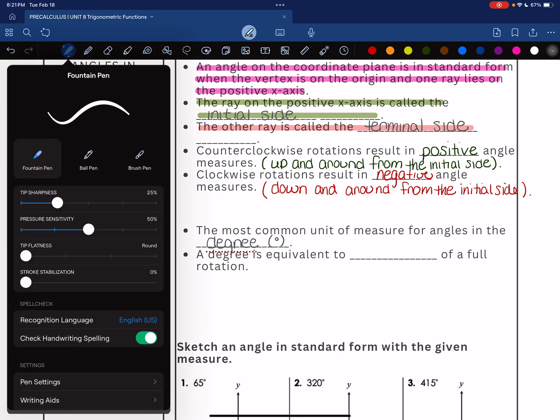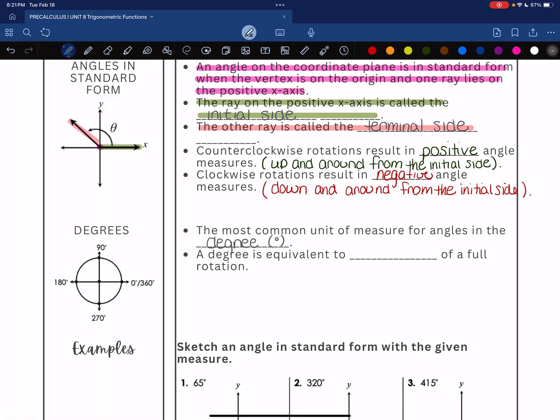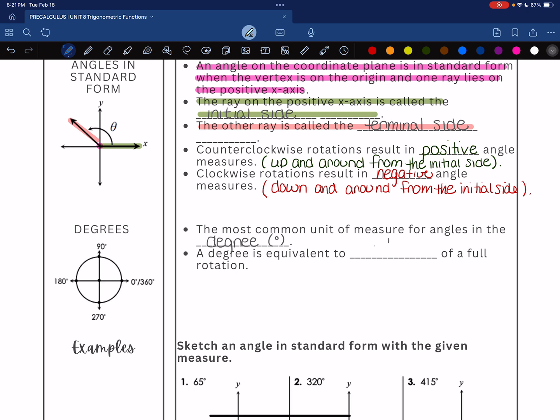Now the degree is equivalent to 1/360th of a full rotation. There are a total of 360 in a full rotation, so each degree is 1 out of the 360.